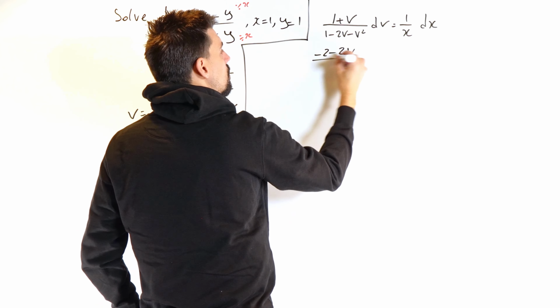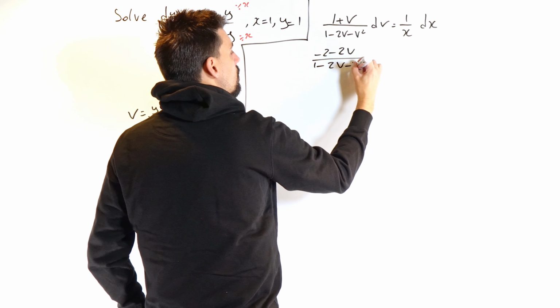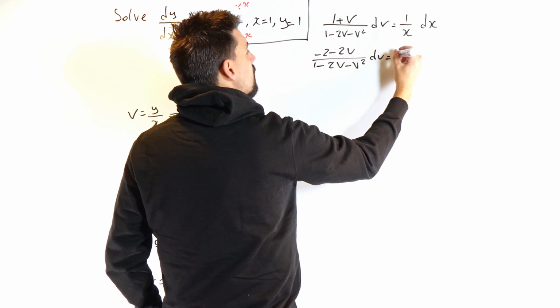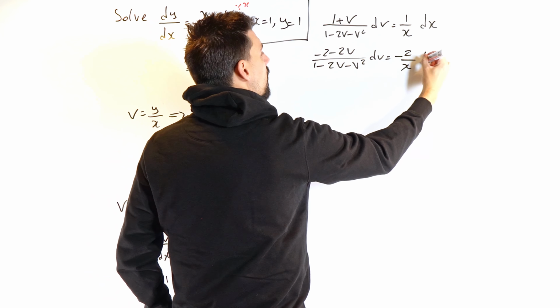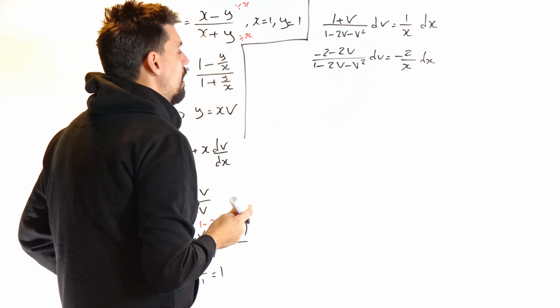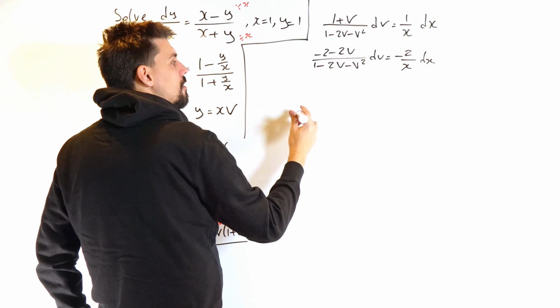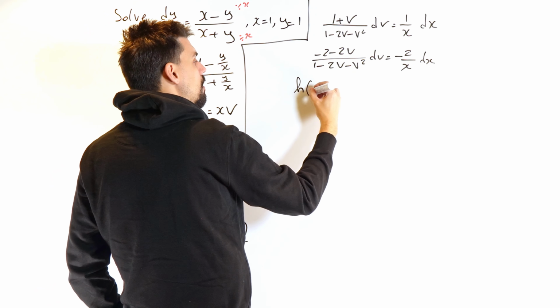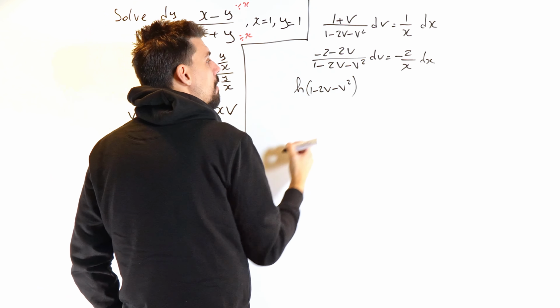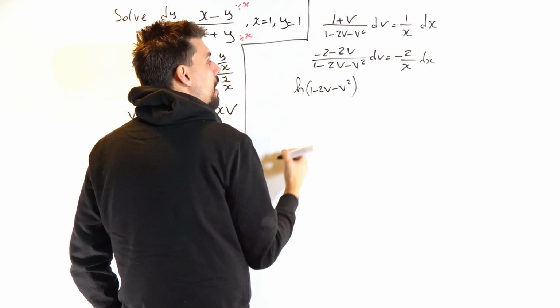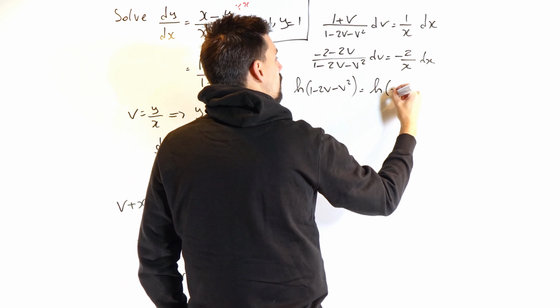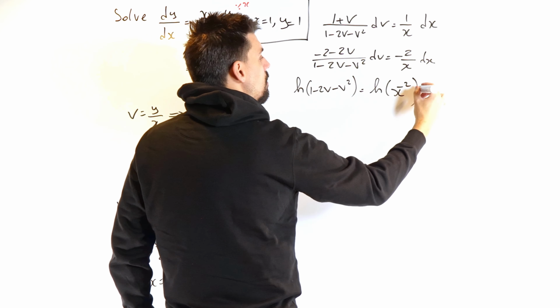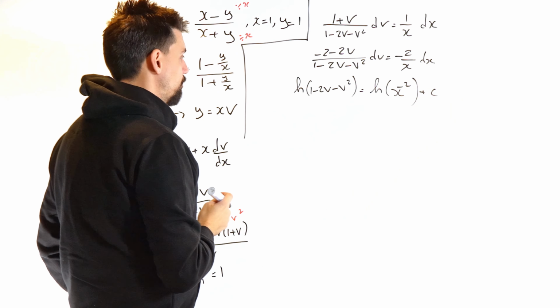Minus 2 minus 2v over 1 minus 2v minus v squared dv is minus 2 over x dx. And now I've got a function and its derivative. So this is going to become ln of 1 minus 2v minus v squared is equal to ln x to the minus 2 plus some constant.